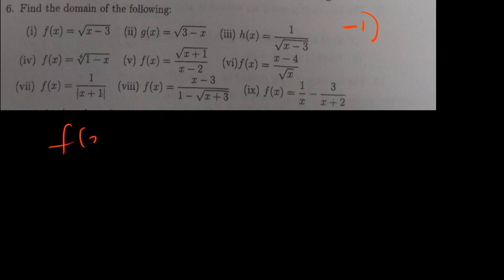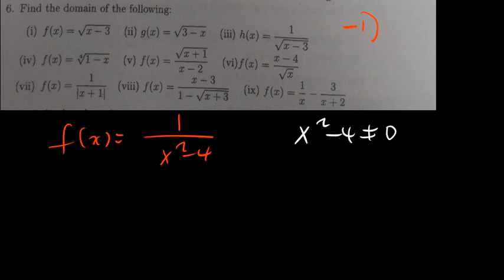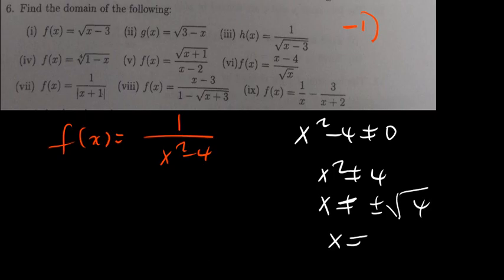But there are some cases where, let's say you have been given f of x equal to 1 over x squared minus 4. Just get what is on the denominator. X squared minus 4 should never be equal to 0. X squared should never be equal to 4. You take the square root. X should never be equal to plus or minus the square root of 4. Then x should never be equal to plus or minus 2.